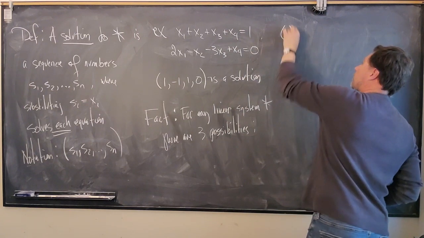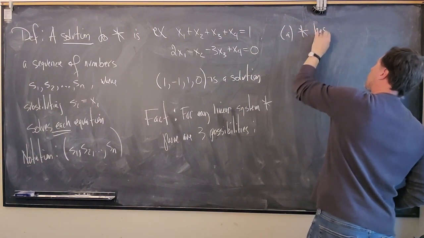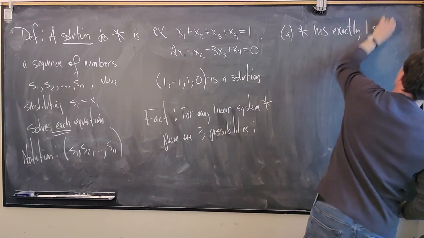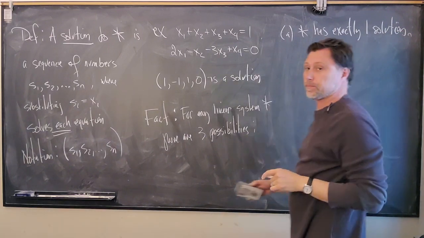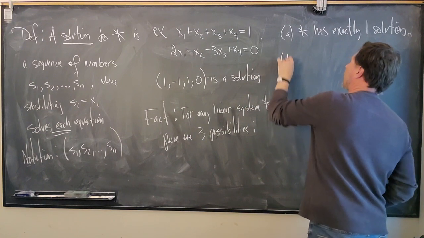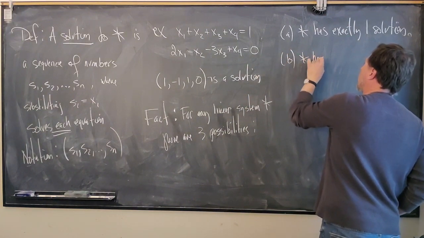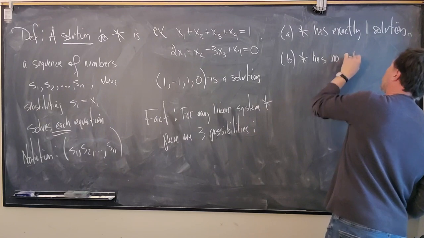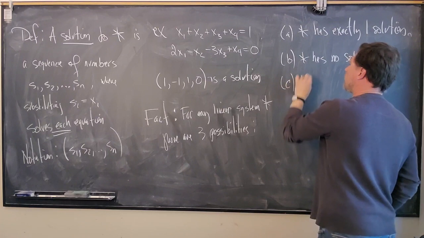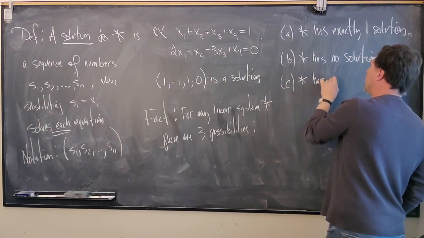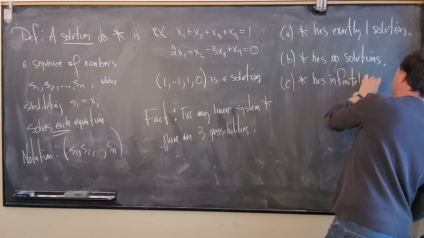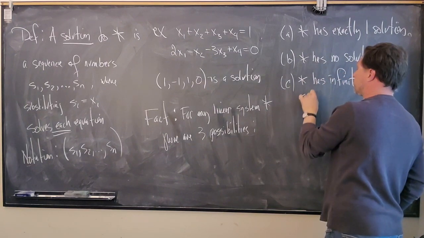First possibility, A, star has exactly one solution. Second, B, star has no solutions. And then part C, star has infinitely many solutions.